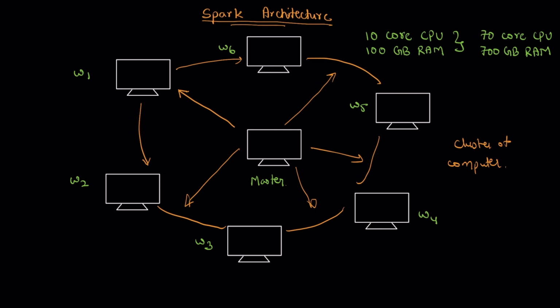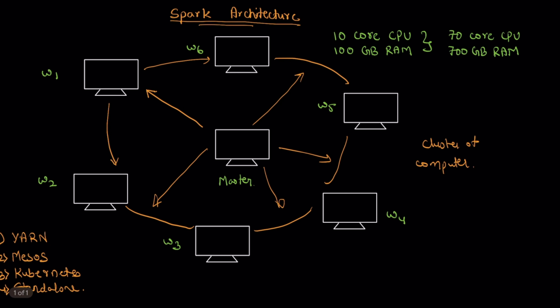The master is also known as the cluster manager. There are a few famous cluster managers that we should know. First one is Yarn. The second one is Mesos. Third is Kubernetes. And the fourth one is standalone.